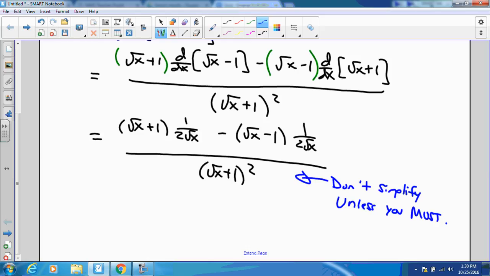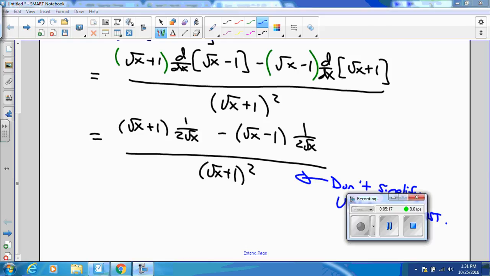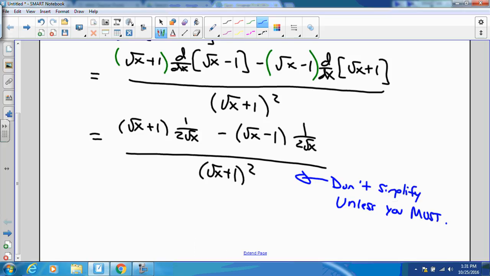Don't simplify unless you must is actually a great slogan for life. This expression right here, from a calculus point of view, is done. All of the derivatives that need to be taken have been taken. So from a calculus point of view, we're actually done here.